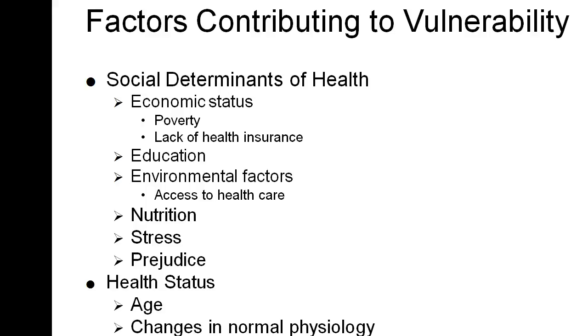Do they live with smokers? Nutrition, right? If you have poor nutrition, you're at more risk for health issues. Stress, and prejudice, especially with the LGBT community. Health status, so looking at age, and then changes in normal physiology. Those are all the factors that contribute to becoming a vulnerable population, okay?